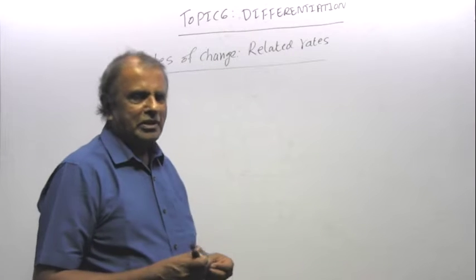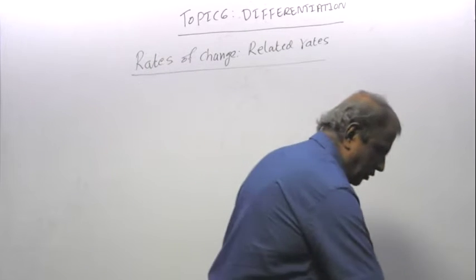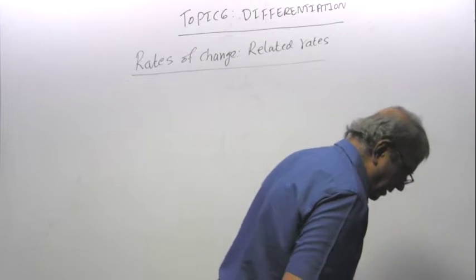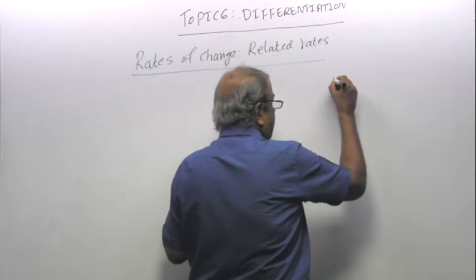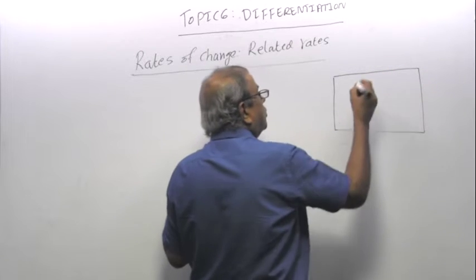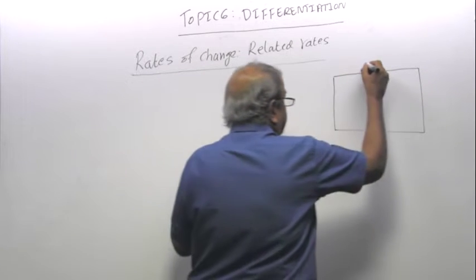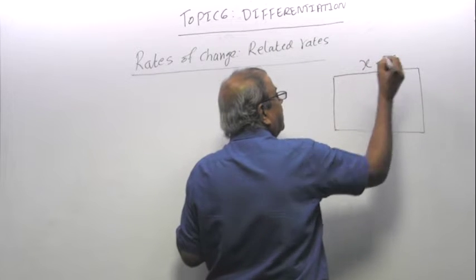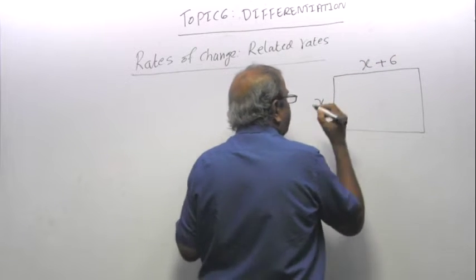That looks very simple, so let me take an example to show you what I mean. For example, I have a rectangle whose length is 6 meters more than the width.